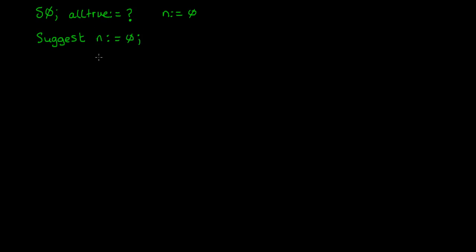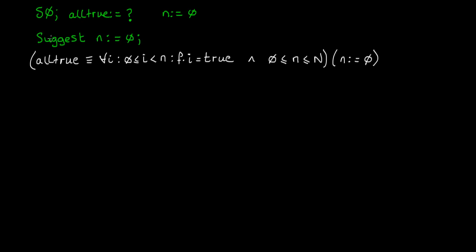So let's do that. So we need to write out our invariant. Our invariant is, as we had it before, both parts P0 and P1, and we're going to substitute N becomes equal to 0 into our invariant. So if we have a look, N appears here and it also appears here.